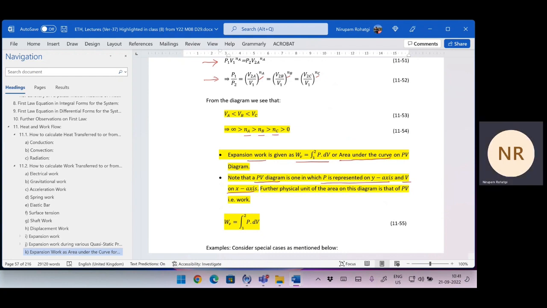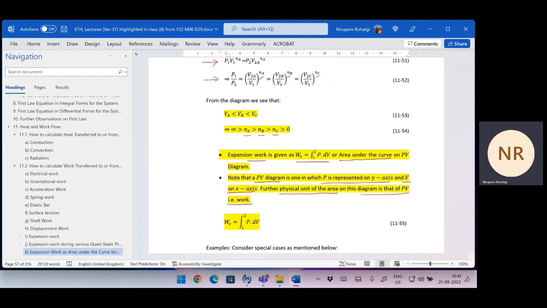So that care you also have to take. And further, the physical unit of area on this diagram is PV. So the unit of the area is valid for all the problems. When you take the area under the curve, what is the unit of the area? If the problem is simply a mathematics problem, area is meter square, centimeter square, whatever it is.